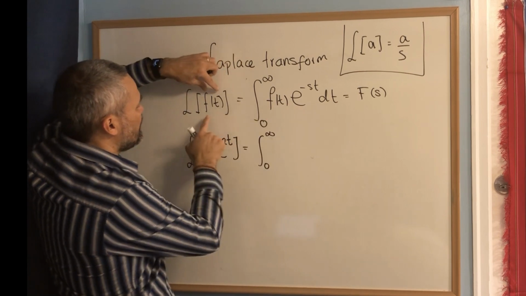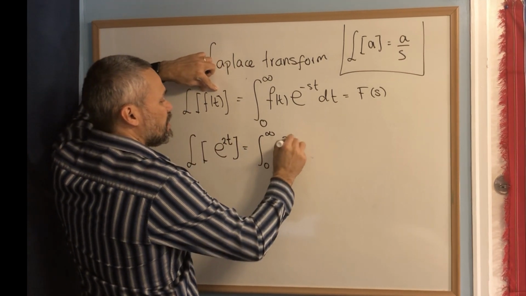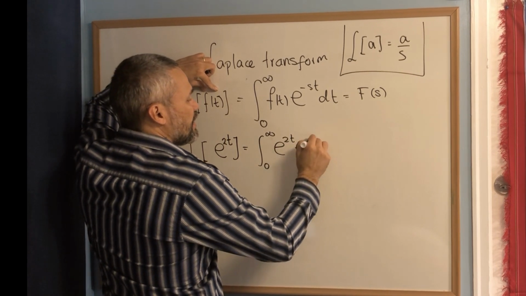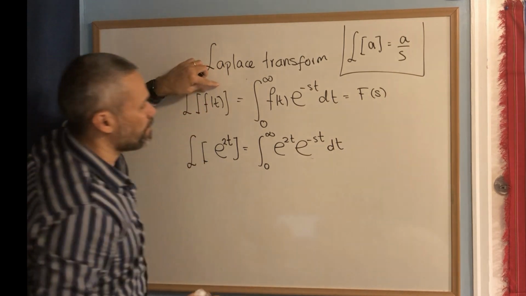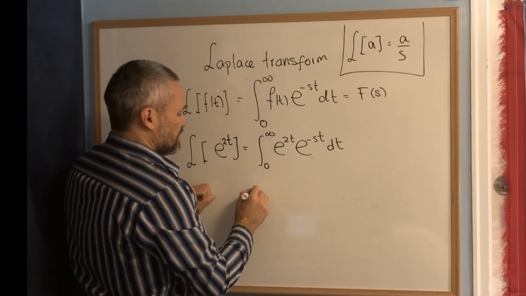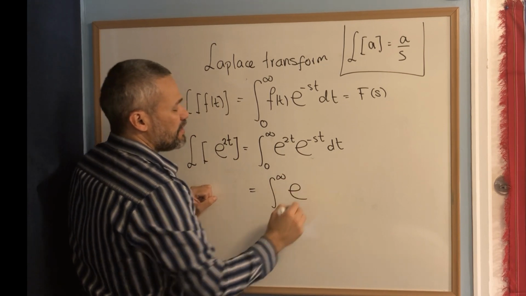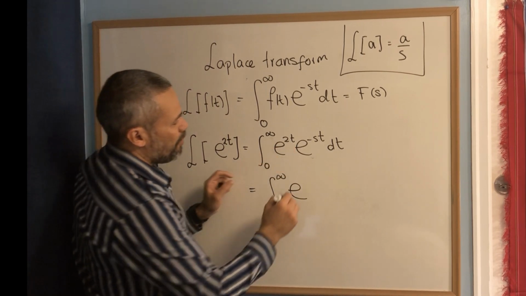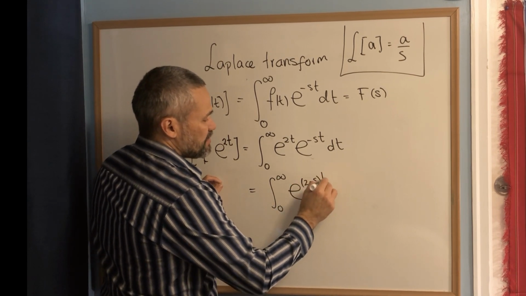Instead of f of t, I have to write e to the 2t, and then here e to the negative st dt. And this is just the integral from 0 to infinity of e to the, using the properties of the exponential function, 2 minus s times t dt.